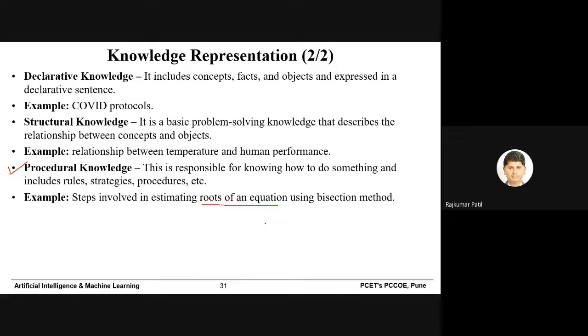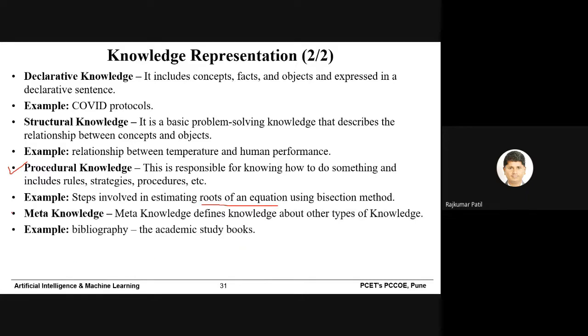So algorithm development, and based on that algorithm coding is to be done, and accordingly the work can be completed. So it is called procedural knowledge. Next one is meta knowledge.